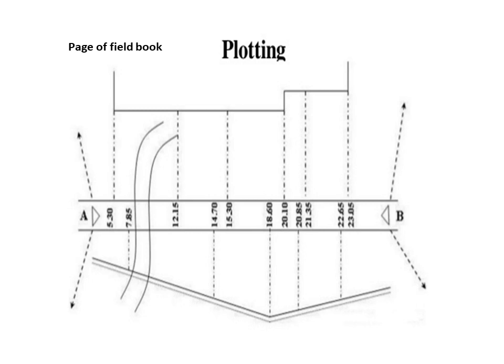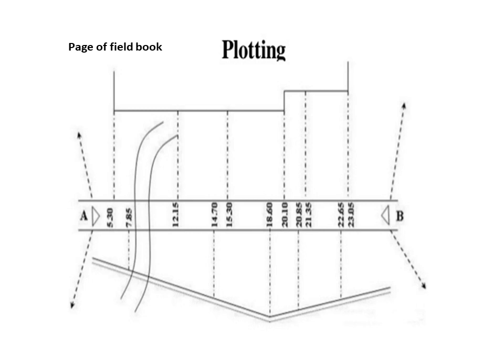Means if I consider 14.7 distance on line AB, it indicates that the offset which is taken is located from station A along line AB at a distance of 14.7 meter.